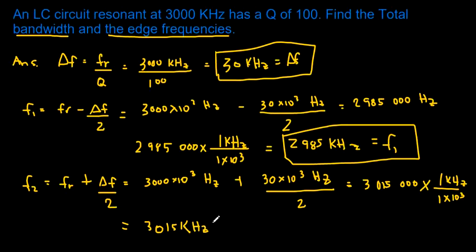Okay, so ito ngayon yung ating F2. Okay? So ngayon, double check natin yung isang formula natin ng bandwidth, yung F2 minus F1. So try nyo 3015 minus 2985. Ang lalabas dyan is 30 kilohertz. Okay? So next example tayo.